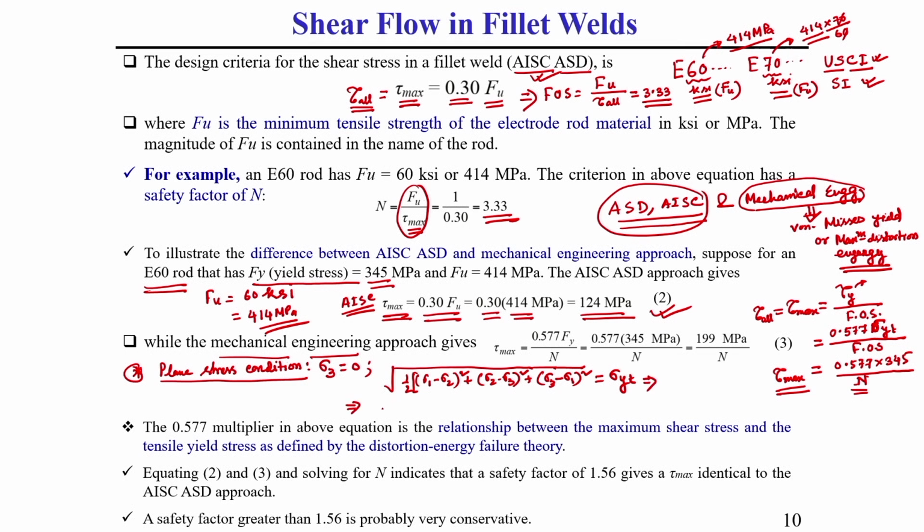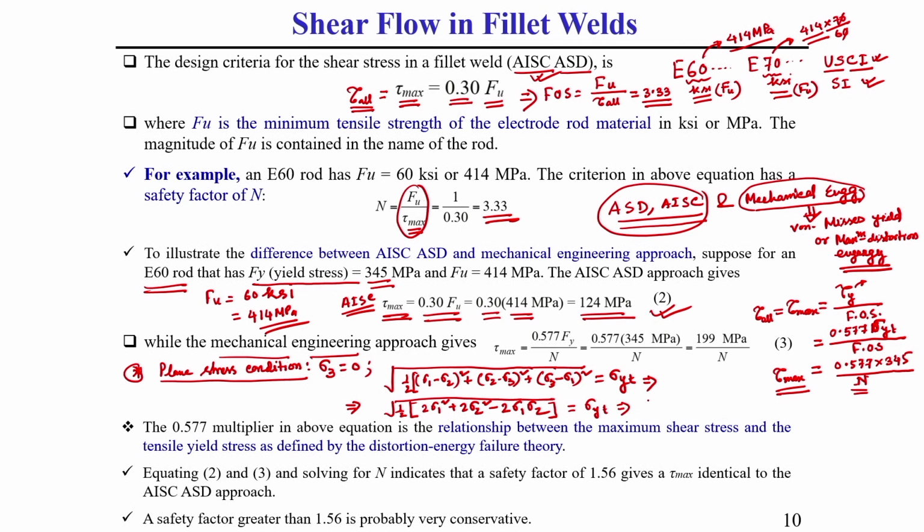In the case of plane stress condition, putting sigma 3 equal to 0, this can be written as half into 2 sigma 1 square plus 2 sigma 2 square minus 2 sigma 1 sigma 2, which is equal to sigma yt square.